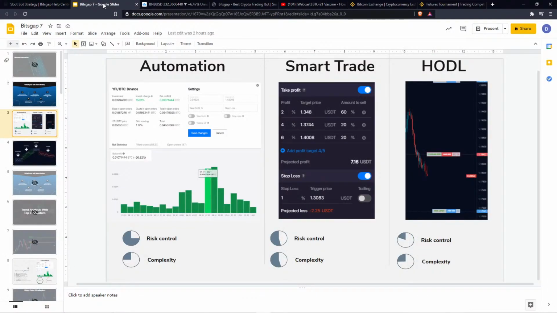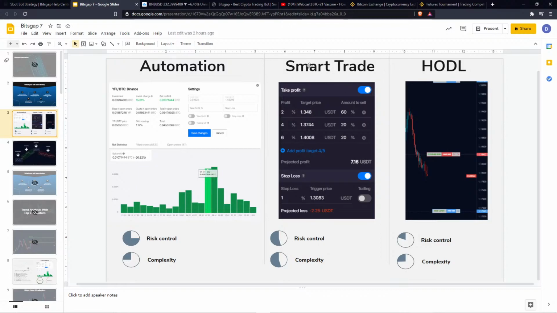So yeah, the key takeaway of today's webcast is to mix different strategies. With trading automation, you can learn some skills. You can learn how the market behaves and what your ultimate strategy is to enter and exit this market.